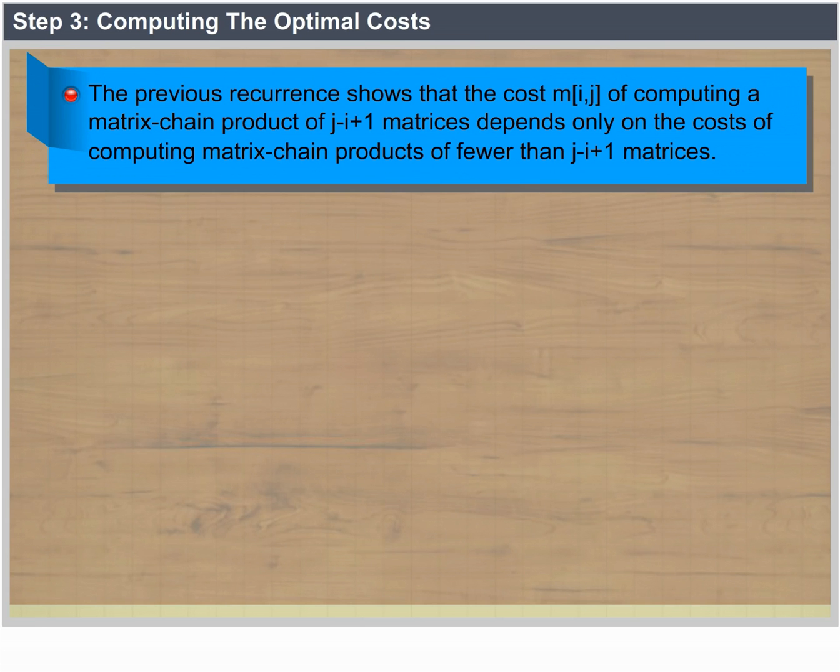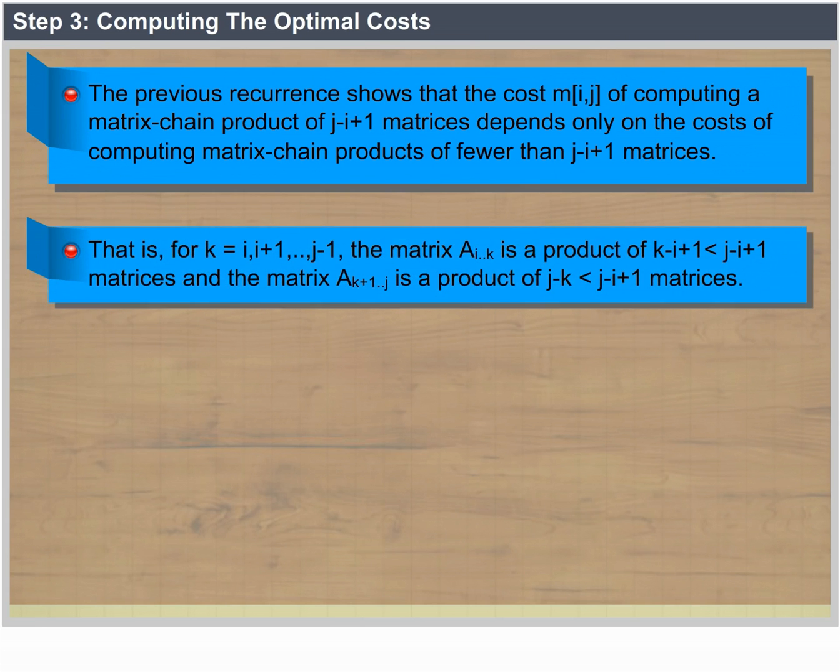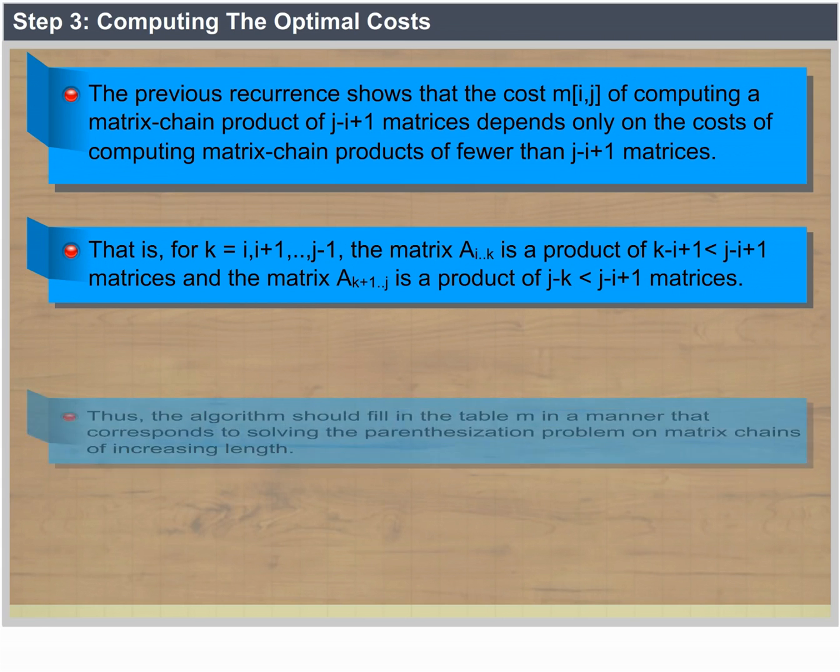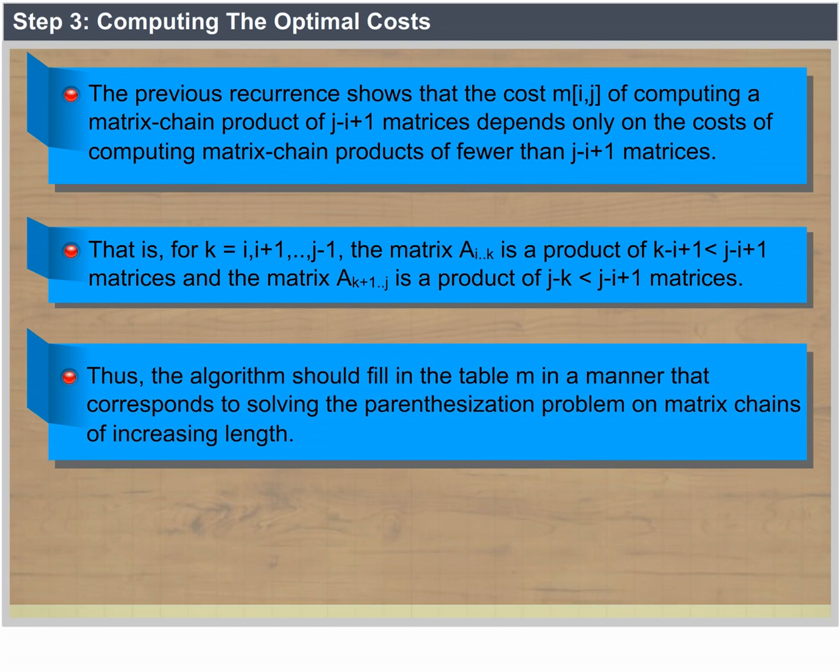That is, for k equals i, i plus 1 up to j minus 1, the matrix A_{i..k} is a product of k minus i plus 1, which is less than j minus i plus 1 matrices, and the matrix A_{k+1..j} is a product of j minus k less than j minus i plus 1 matrices. Thus, the algorithm should fill in the table m in a manner that corresponds to solving the parenthesization problem on matrix chains of increasing length.